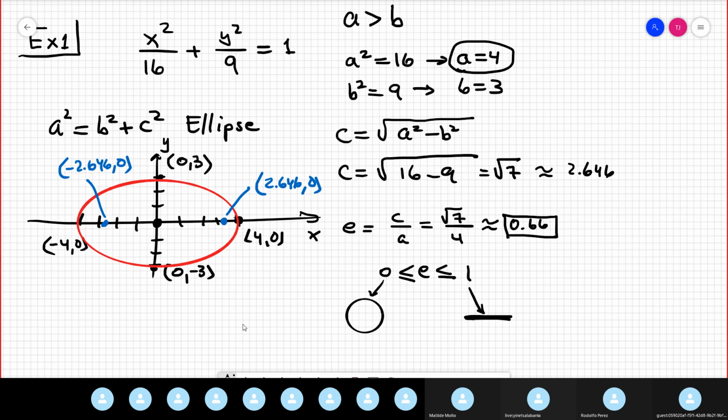And the eccentricity is C divided by A. C is 3 and A is 5. And this is my 0.6. Okay, a little bit flat, not too much, but it's a little bit flat.